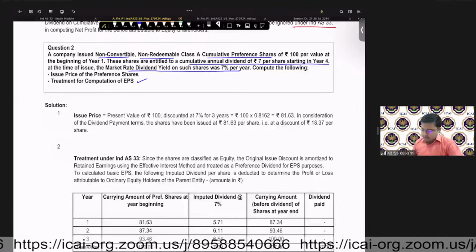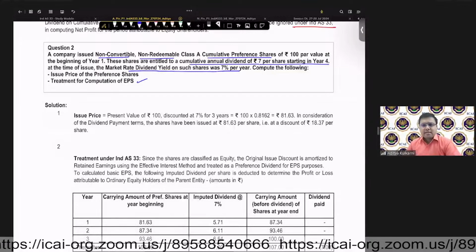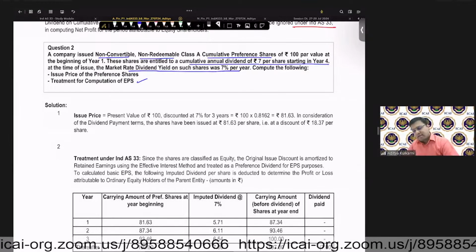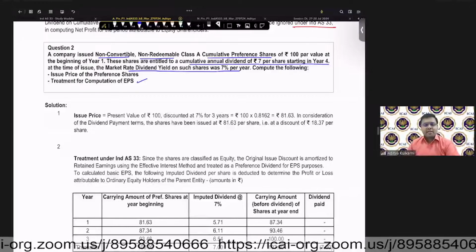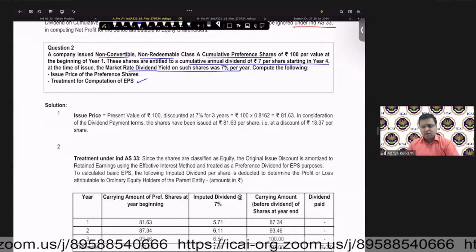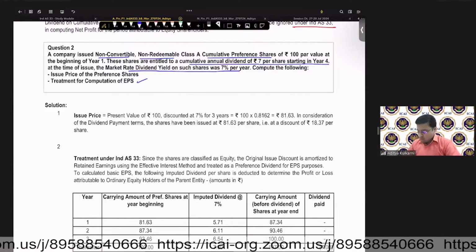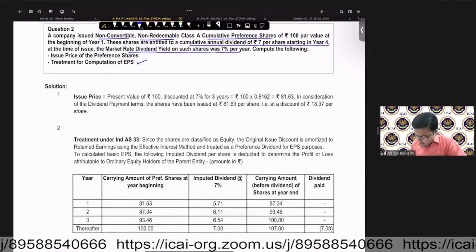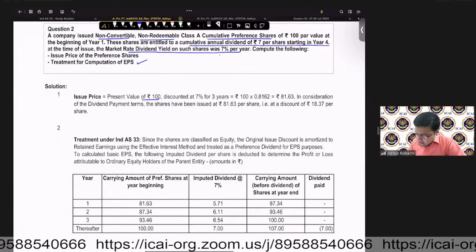So issue price, this is just a calculation that is explained. There are certain things where again you apply financial instruments, there will be a particular conflict. I'll explain what that conflict is. First, let us look at how the working goes about. Present value of 100 discounted at 7%.